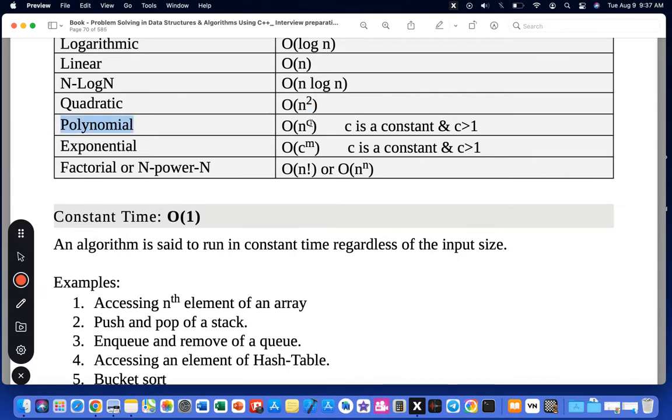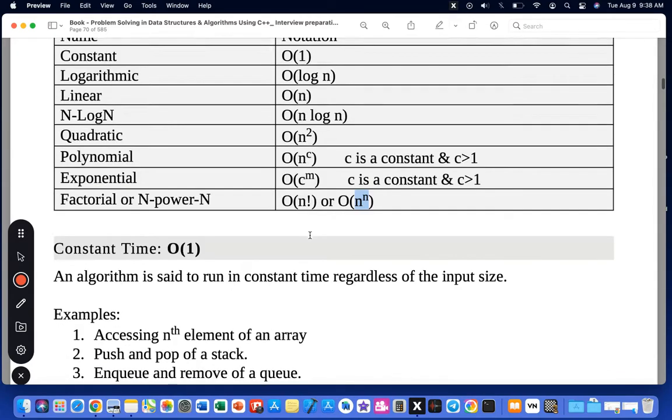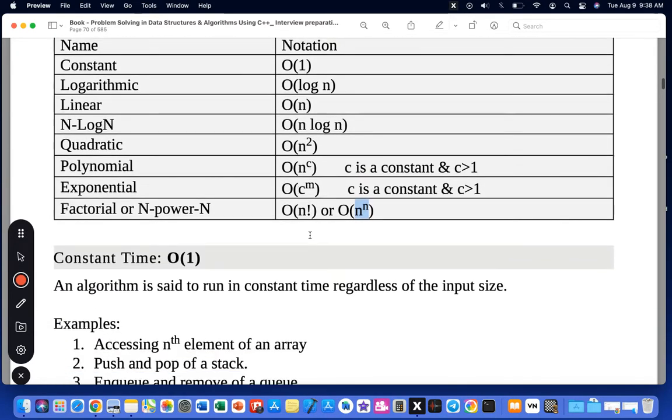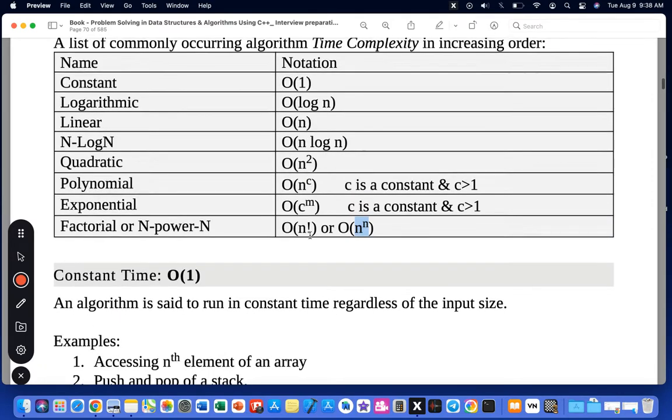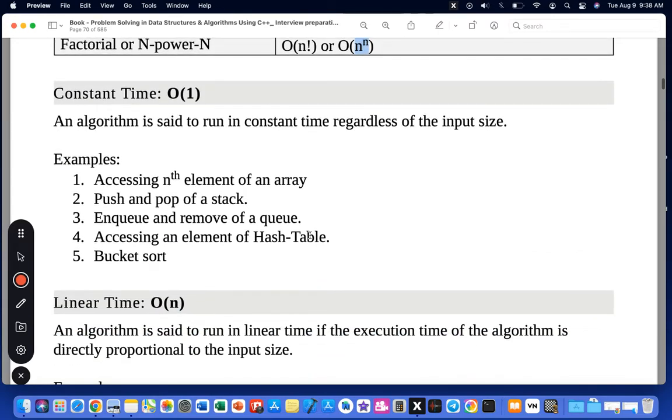Polynomial, n to the power c, where c is a constant and c is greater than 1; exponential; and factorial, or n to the power of n. All right. Now each one is explained in the following lines.